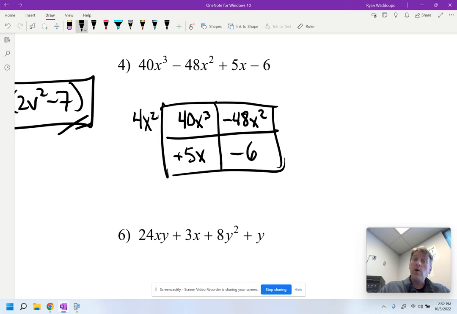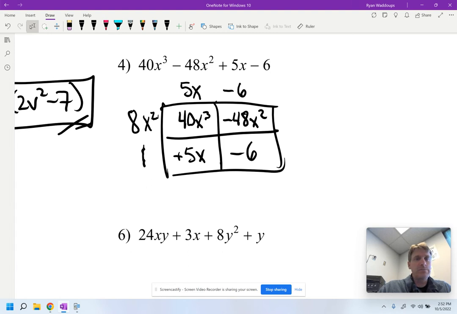Wait, no, 8. 8 is bigger than 4, and they're both divisible by 8, so 8x squared. All right, and then 5x and minus 6, they don't have anything in common, so they just have 1 in common. And 40x cubed and 5x, they both have 5 and x in common. And then 48 and 6 are both multiples of 6, so I'm going to put 6, and because they're both negative, I'm going to put minus there.